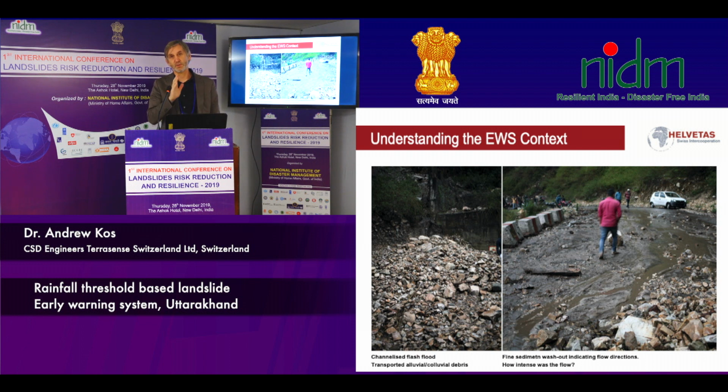Actually, we don't know if there were other landslides occurring on other sections of the road, but where we were at the time, we witnessed a flash flood coming onto the road, blocking the road, consisting of maybe a few hundred cubic metres of rock. And then you had the flood waters themselves. Now, we don't know how high the flood waters were, which is actually quite important because it gives you an idea about what type of intensity levels are relevant for people and cars and trucks travelling on this road.